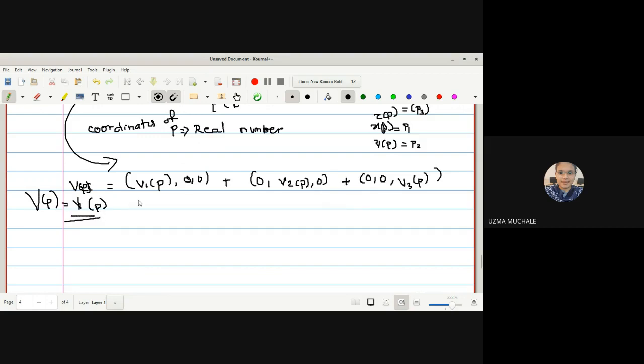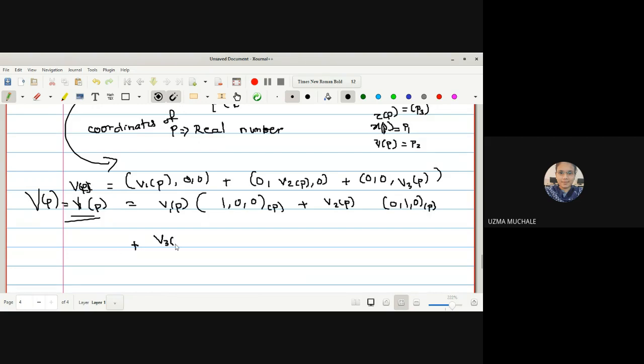So what we get is one tangent vector which is equal to, if I take V1 of P outside, what remains inside is 1, 0, 0 evaluated at a point P, correct? Plus if I take V2 of P outside, this will be 0, 1, 0 evaluated at a point P, correct?